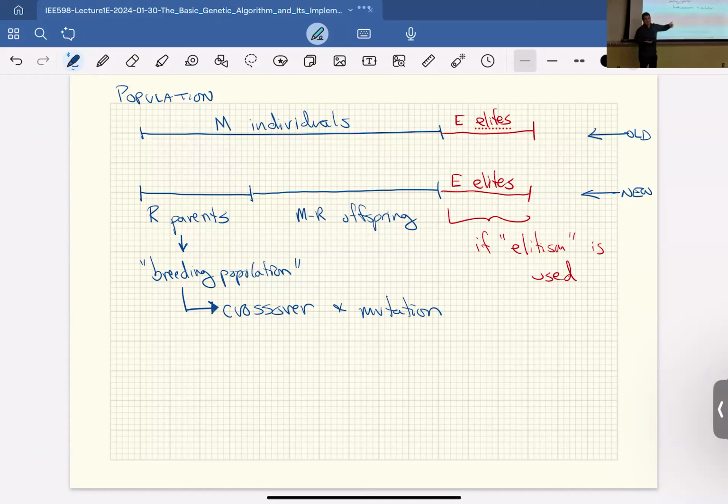Like, for example, in MATLAB, the way they implement their GA, our parents go through crossover, but they don't go through mutation. They basically have offspring due to crossover, and then they also have individuals in the population due to mutation. So they've decided to separate those out.